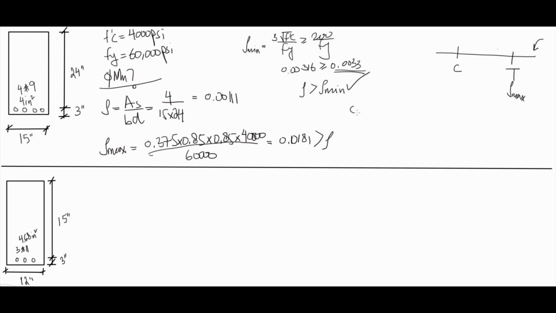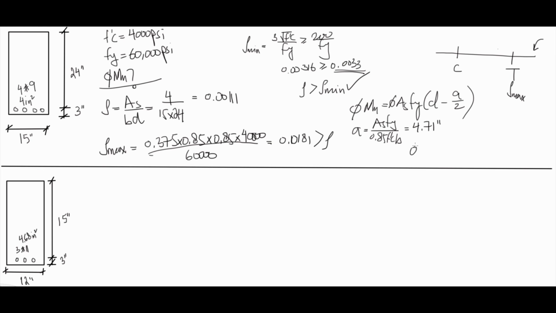So quickly, calculate phi Mn. Phi, which is 0.9, phi As Fy times D minus A over 2. A, calculated from the equation, we know that A is As Fy again, divided by 0.85 fc prime B, right? If you do the math, it is 4.71 inch.